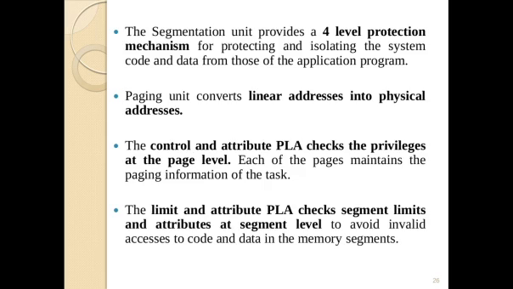So while accessing a segment, the starting address and the limit of the segment will be checked. If the limit is below 4 GB, then only it is valid. If it is above 4 GB from the starting address, then it is an invalid address. So to avoid that, the limit and the attributes are checked at the segment level.